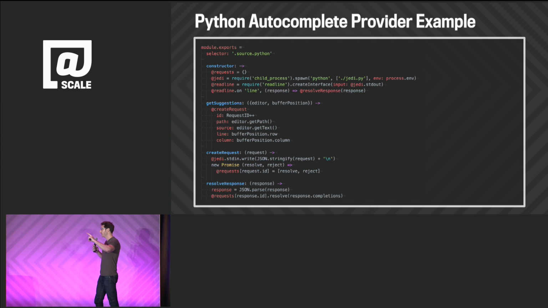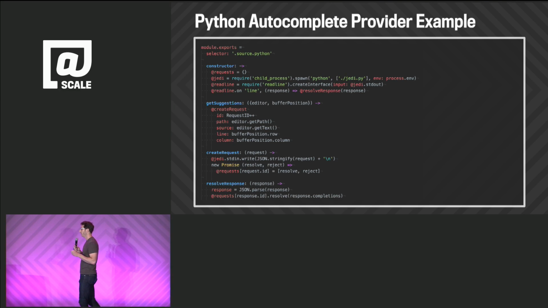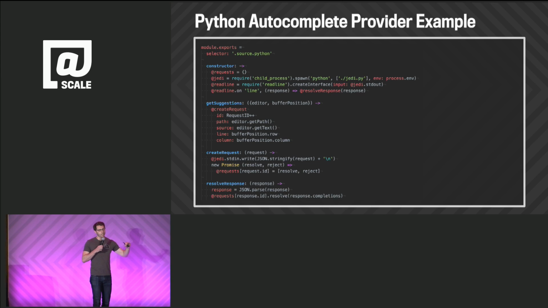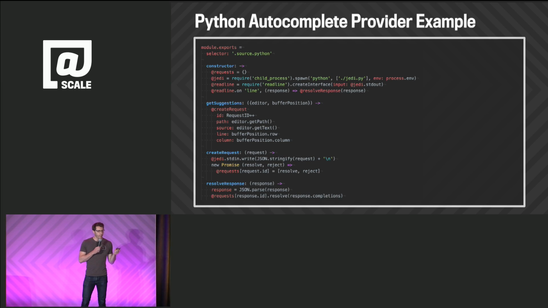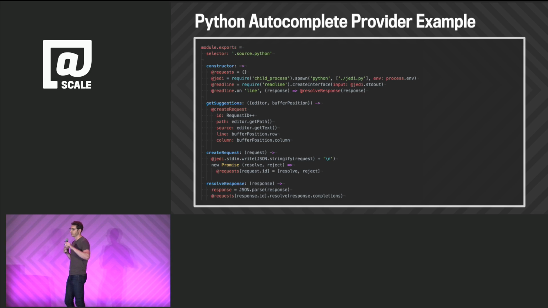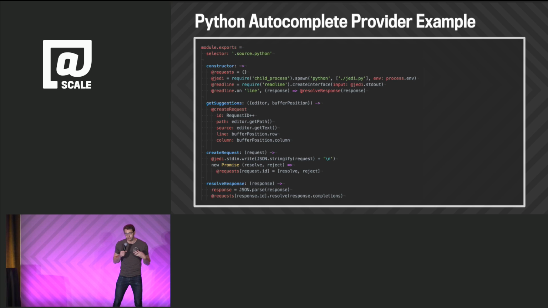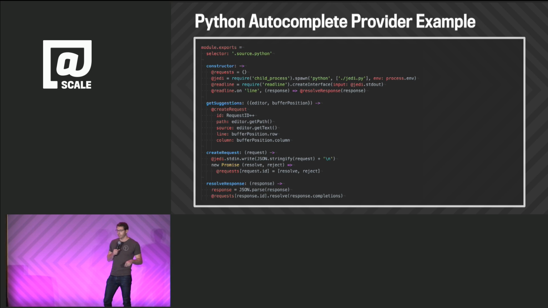We leave that process open, and whenever we get a suggestion request, we write a line of JSON to standard in, and then Jedi writes to standard out the list of suggestions. Then we parse this list of suggestions and give them back to the autocomplete UI. So this is a complete example, and it's just glue code.